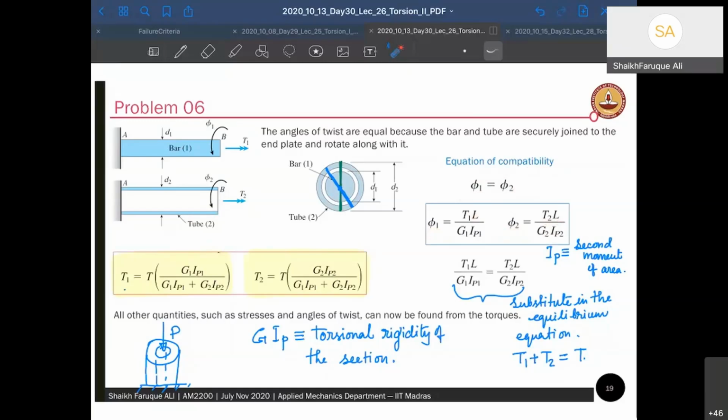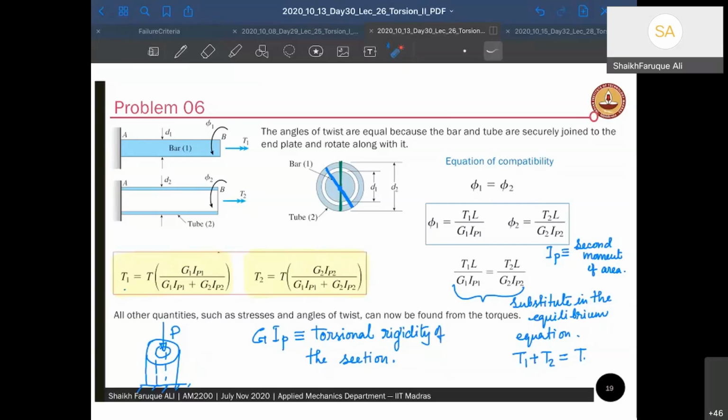It's going to be solved like this. Remember that in solving axial problems, I told you this is the rigidity divided by the total rigidity. Again, this is the rigidity divided by the total rigidity. Therefore, the load sharing happens based on how much rigidity it has. Torsional rigidity. In axial members, load sharing happens because of the ratio of axial rigidity.